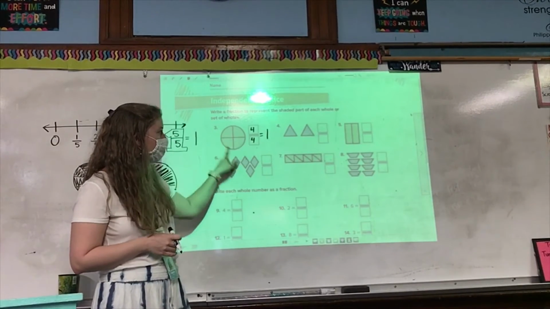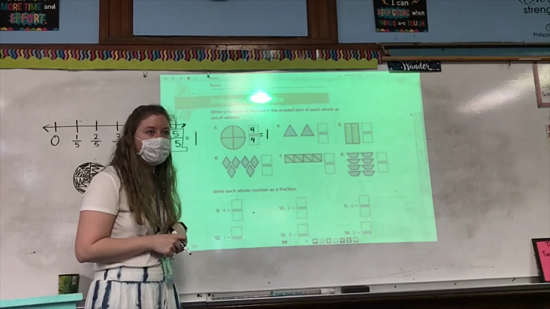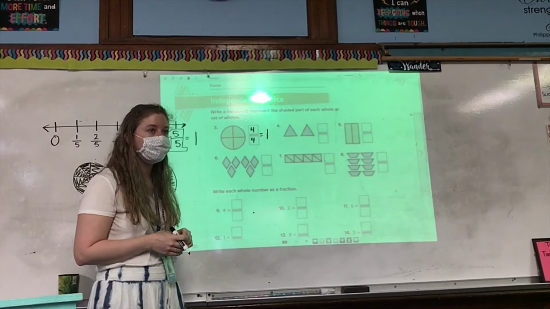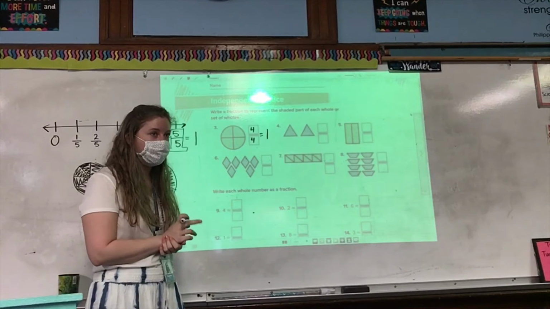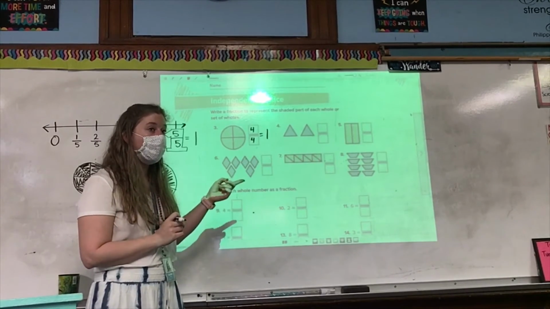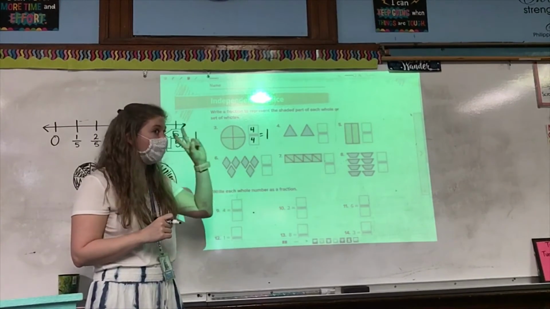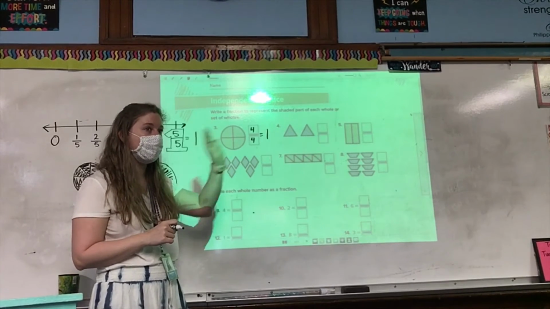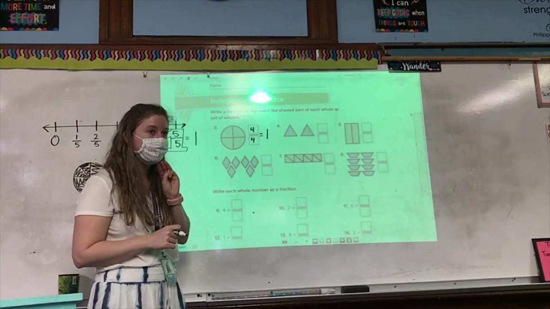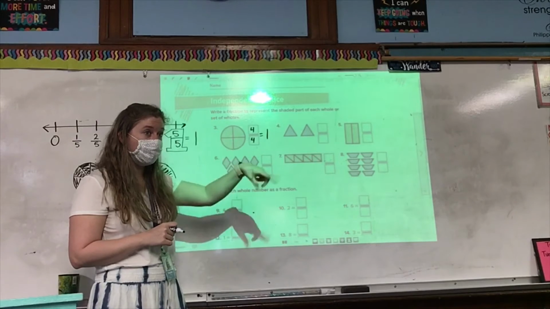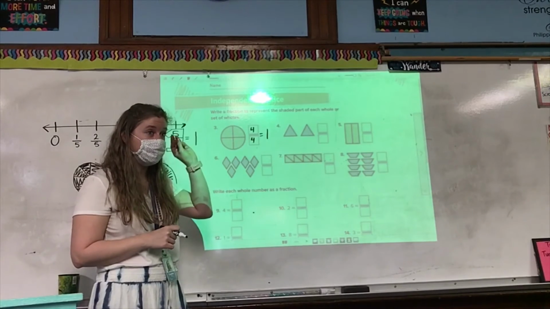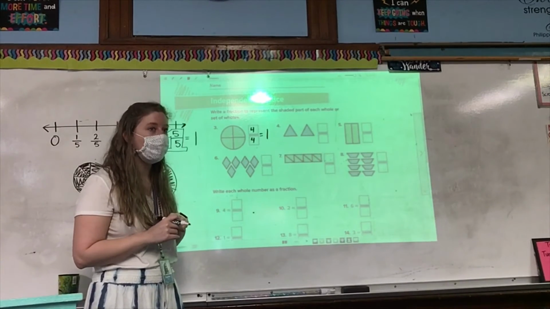The first, where we have just one shape that's broken into pieces. Aaron, remember, example 1, the first key concept, and number 1 all match. Example 2, the second key concept, and number 2 all match.